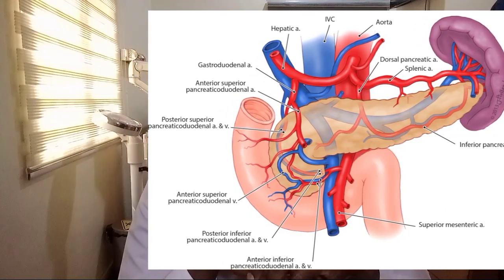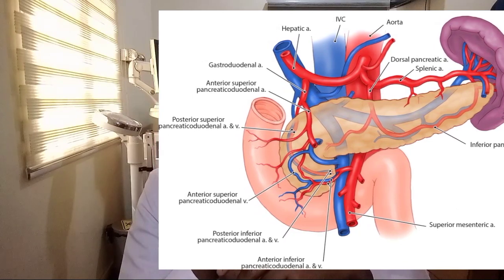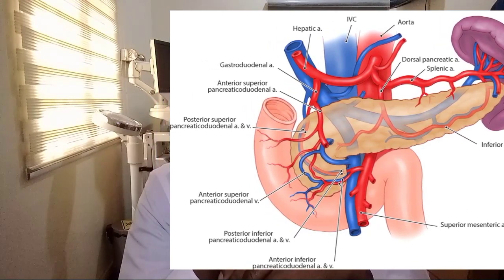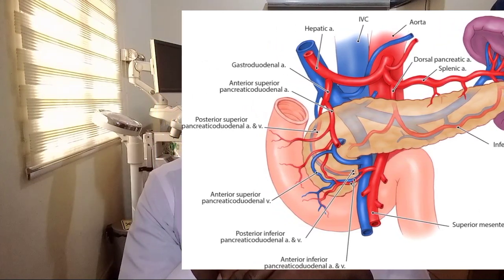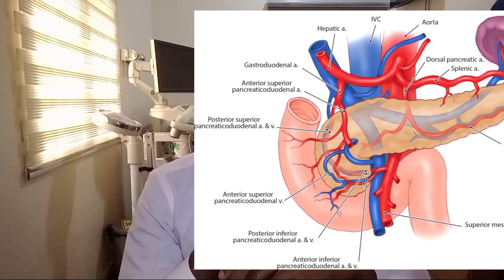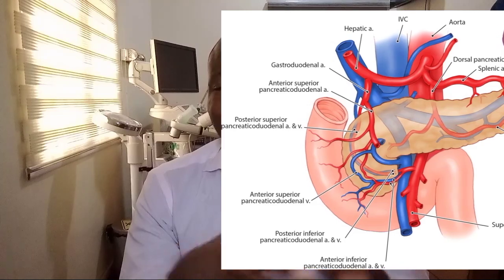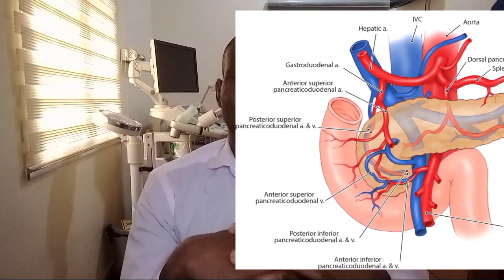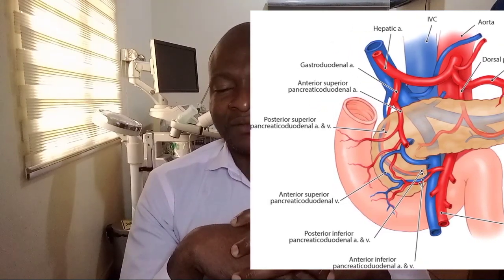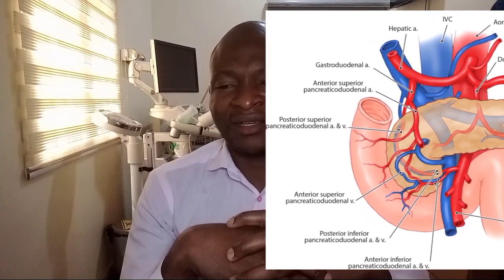Of course, the splenic vein originates at the splenic hilum and courses to the right, directly posterior to the inferior border of the tail and body of the pancreas. It joins with the superior mesenteric vein posterior to the neck and anterior to the uncinate process to form the main portal vein.